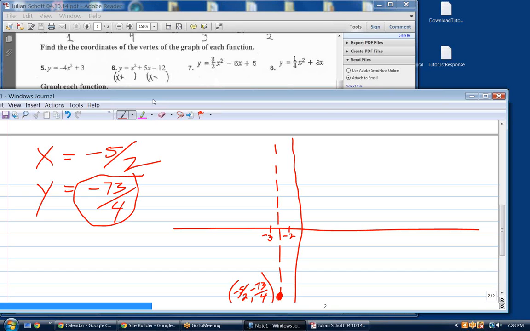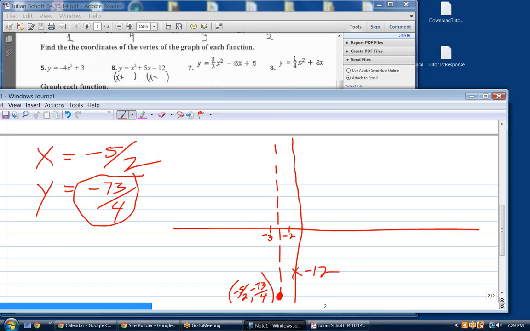Negative 12. Yes, that's the y-intercept. Always with quadratics, that's the y-intercept, because the y-intercept is by definition where x equals 0. Well, x equals 0 eliminates both of these terms. So you're always going to be left with your constant. So minus 12 right there.